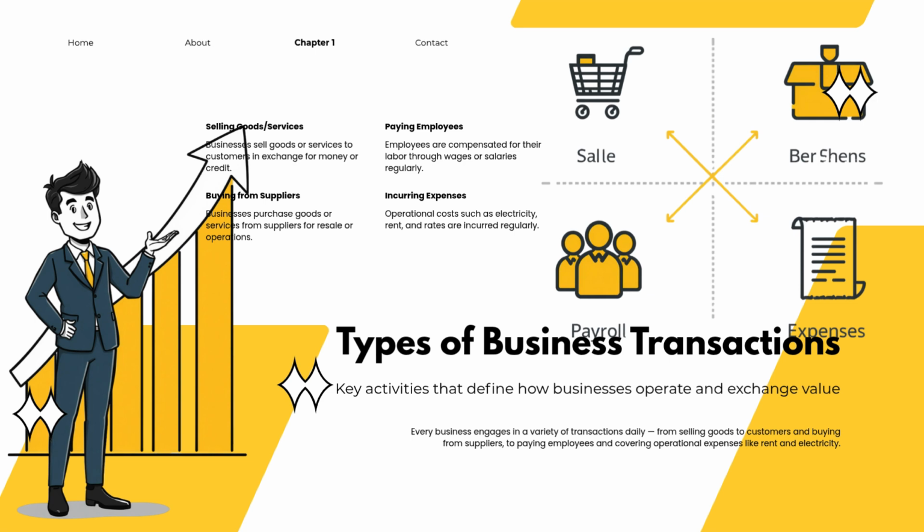Paying employees. Employees are there to work for you, so their salaries or wages also result in a transaction. Incurring expenses. In order to live, we human beings have a cost of living.